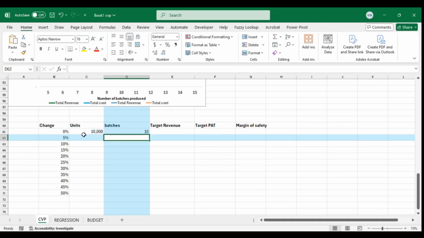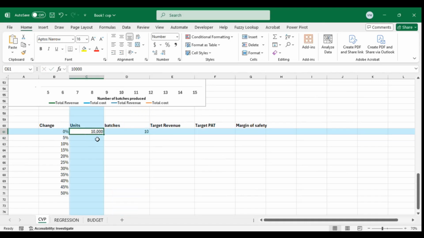Because remember, the 10,000 units gave us 10 batches because it was 1,000 per batch, but we'll come and adjust that later on. So what is the question telling us? If the number of units that is being sold was to increase by 5%, what is likely to happen to the target revenue, the target profit after tax, and the margin of safety?